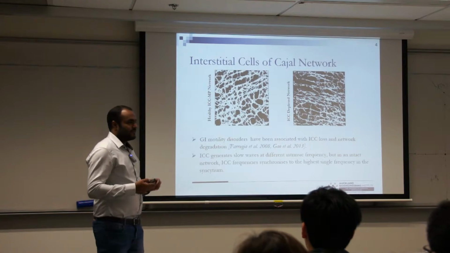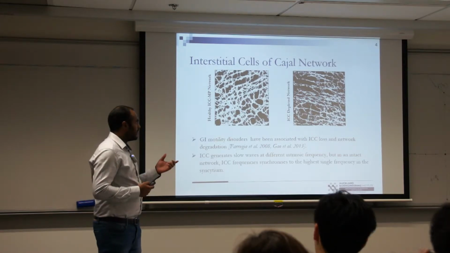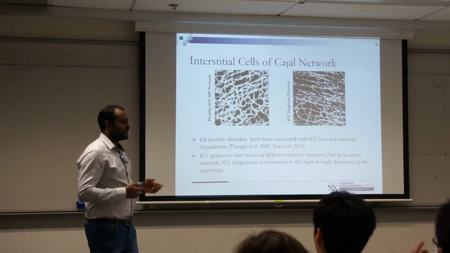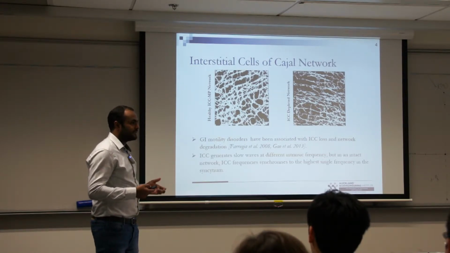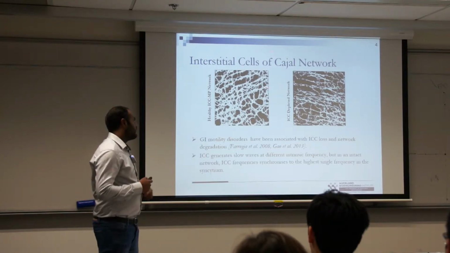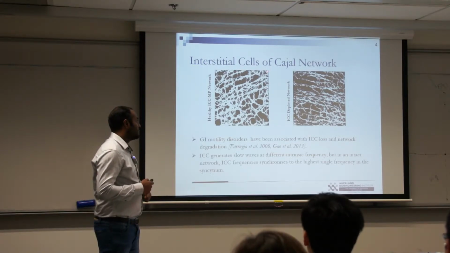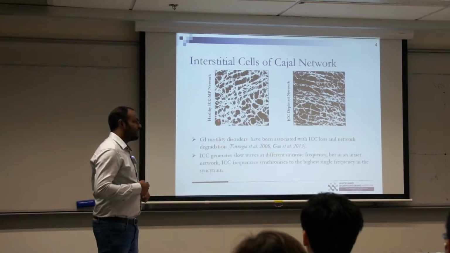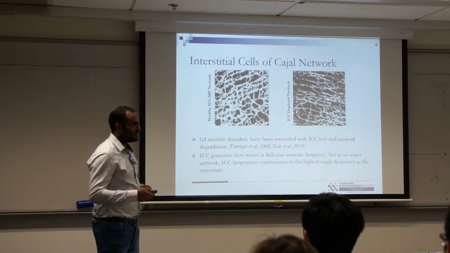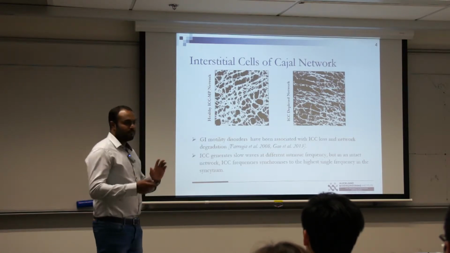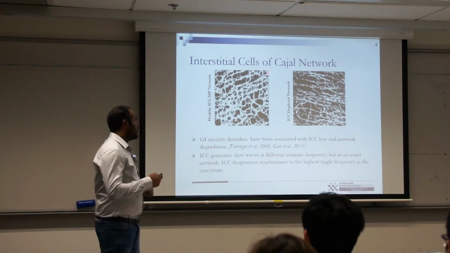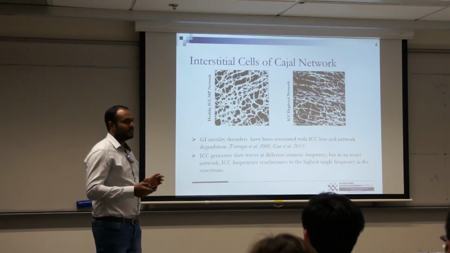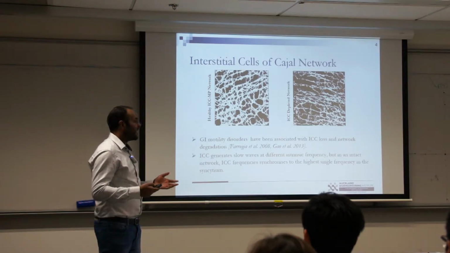One particular feature of ICCs is that they have an intrinsic frequency which varies spatially. For example, this frequency is higher at this corner, and over here it will be lower. This is the frequency at which it generates electrical activity. But in an intact, healthy network, all these ICCs are entrained to a single, higher intrinsic frequency.